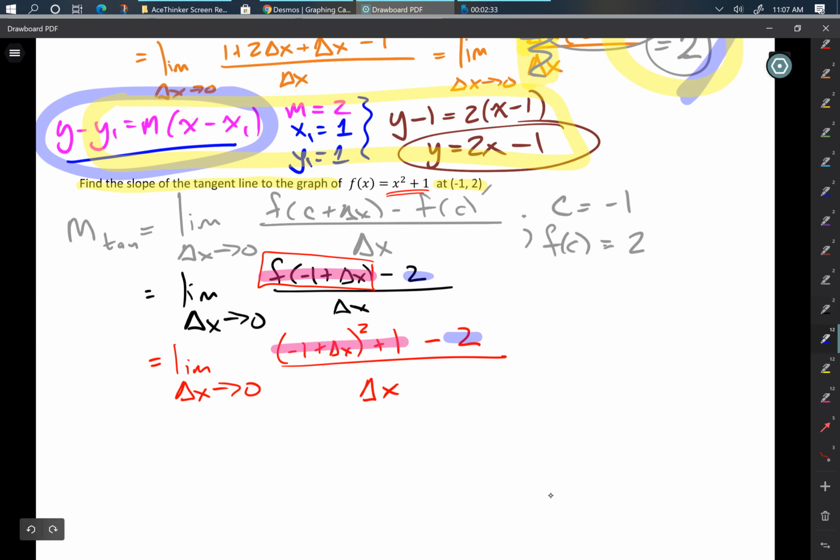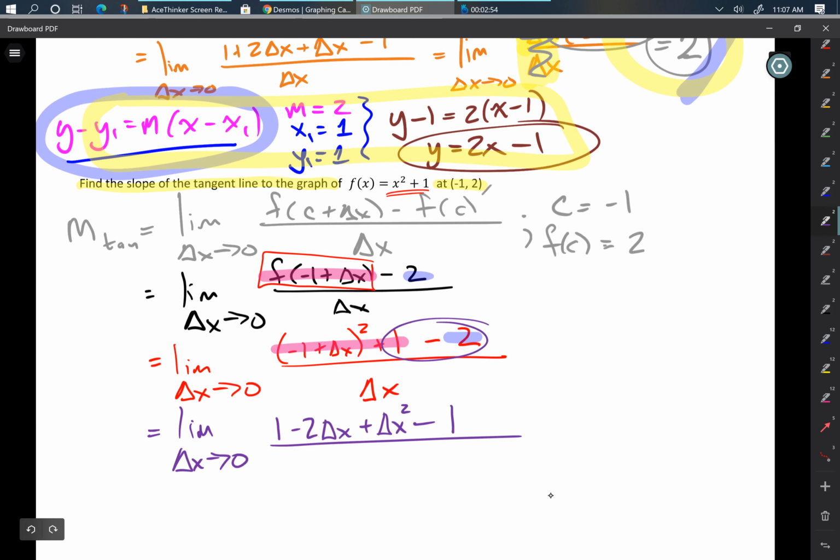Okay? Now I'm going to expand all of that mess out, clean everything up, do some algebra. So I have the limit as delta x is approaching 0 of 1 minus 2 delta x's plus a delta x squared minus 1, okay, minus 1 divided by delta x.